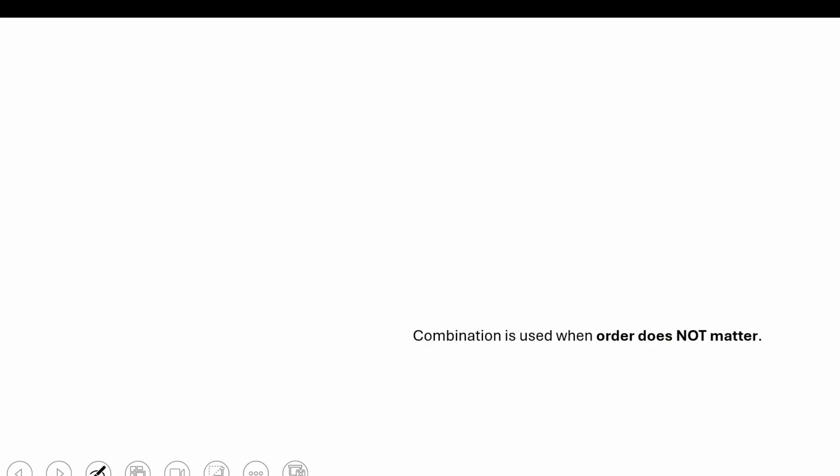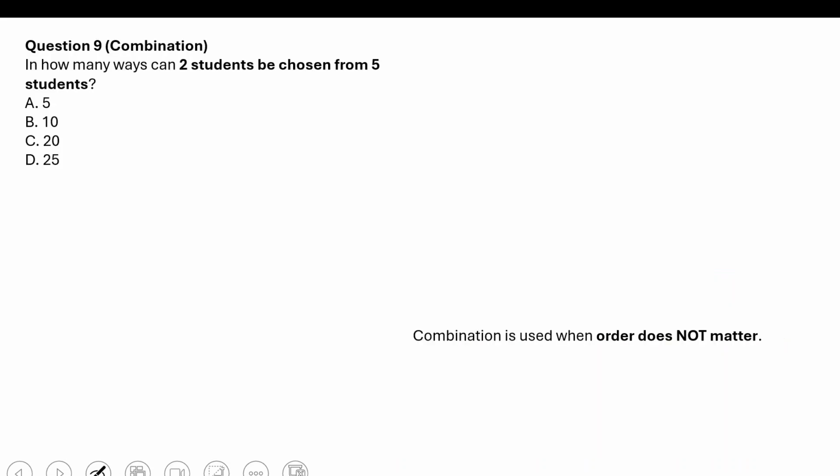Okay. So the next one is combination. Combination is used when order does not matter. Its notation is like this: 5 combination 2, for instance. It says, in how many ways can 2 students be chosen from 5 students? This is just the number of ways that something can be chosen from something.